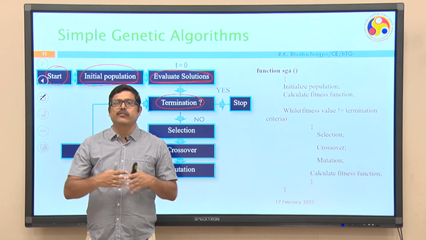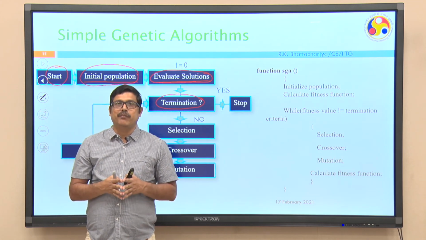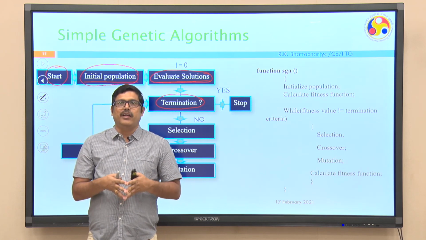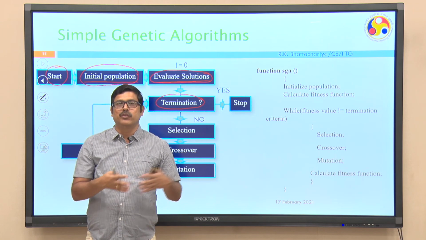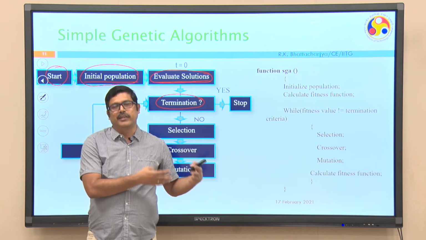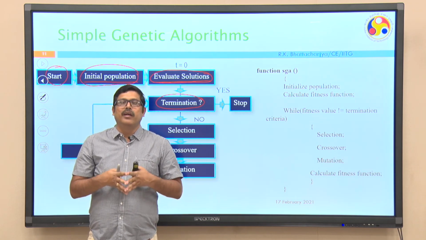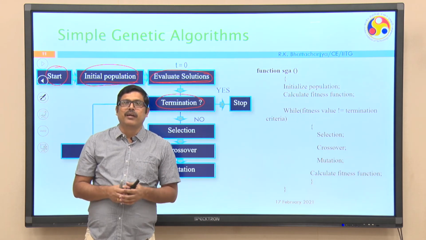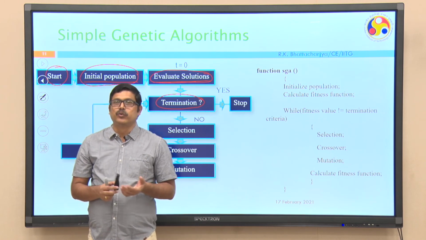If it is not changing for some generations, that means you have got the optimal solution, and that is why you are not getting any improved solution for the last 10 or 50 generations. In that case, I can declare that I already got the optimal solution, and therefore I would like to terminate the iteration. That may be another criterion.